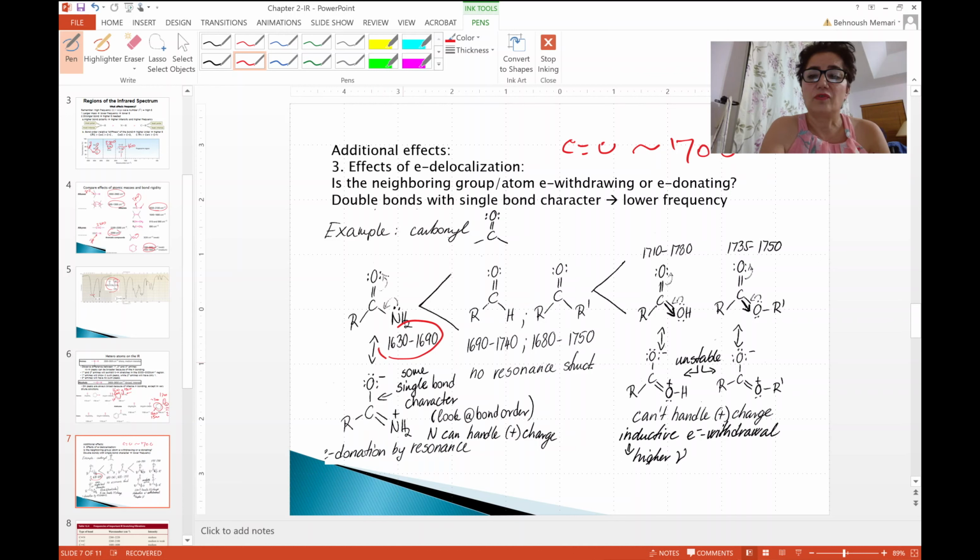But for esters, which are the other end of the spectrum, the CO double bond appears at a much higher number, around 1740, because we have electron withdrawing groups. But here we have the resonance. Conjugation lowers the frequency. An electron withdrawing group would increase the frequency.